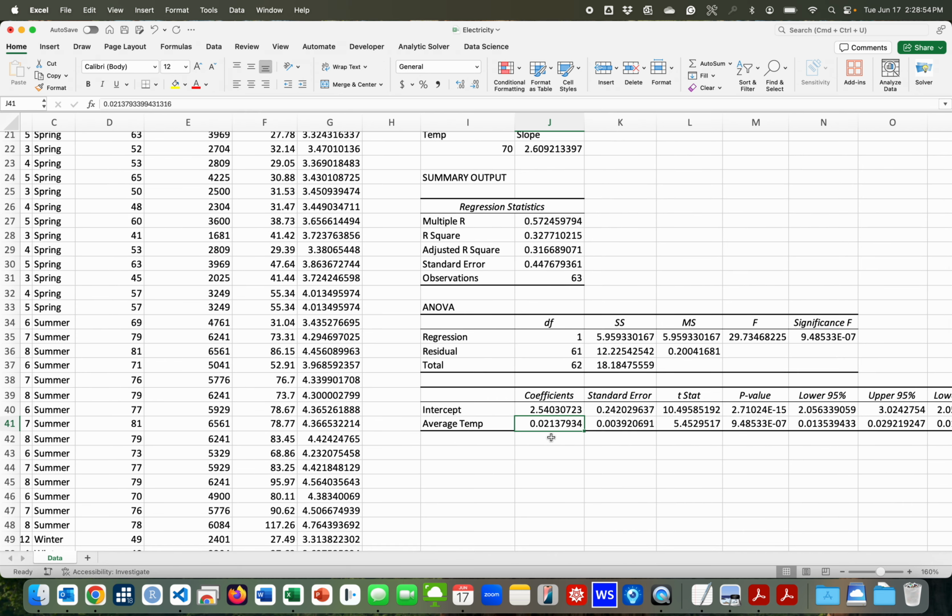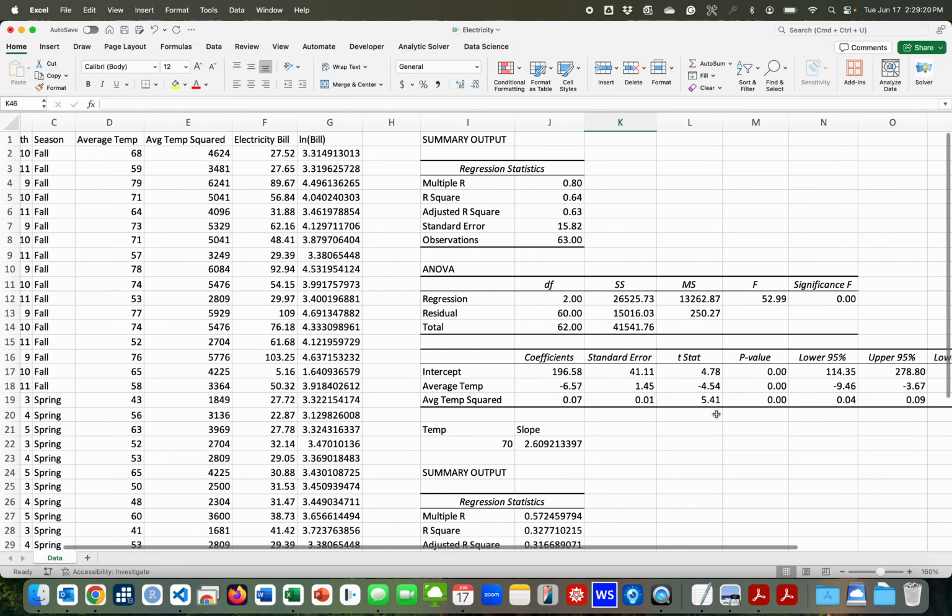So what we would say here is, remember, when the natural log of the dependent variable is used, we have to multiply this coefficient by 100, and that will give us the percent change of the dependent variable. So if we round this to 2 decimal places, I'm just going to go ahead and format this as a number here, 2%. So this says for every 1 degree increase in average temperature, the electricity bill increases by 2%.